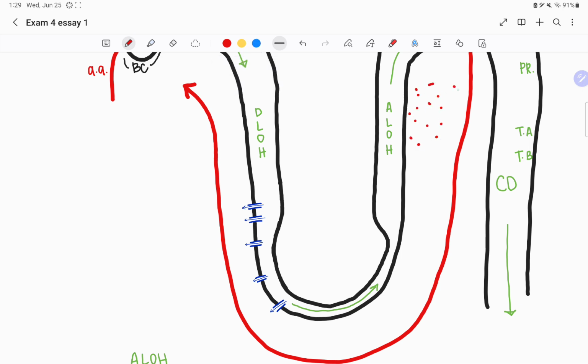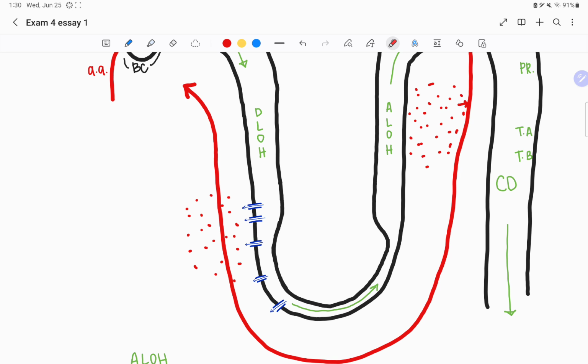If we have a whole bunch of ions being put out over here, and it goes into the blood, right? And then the blood moves this direction, we have a high concentration of solutes out here. And we've learned in previous lessons that water follows solutes, right? And so that's what causes all of this water to come out.